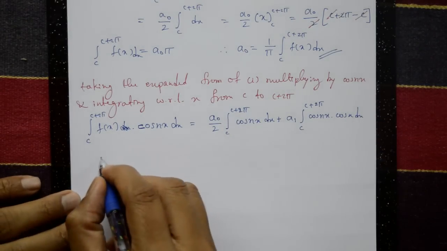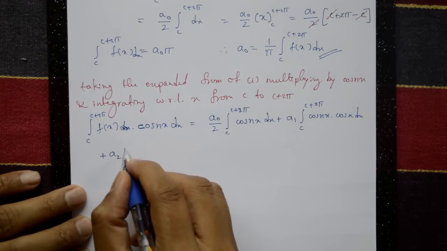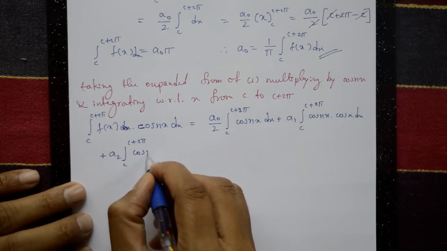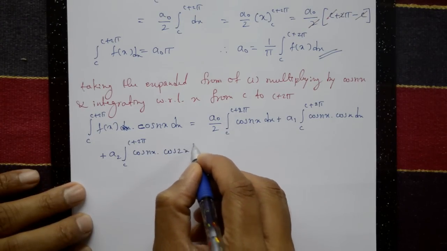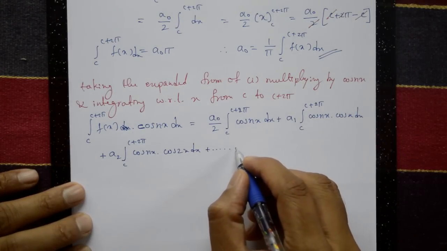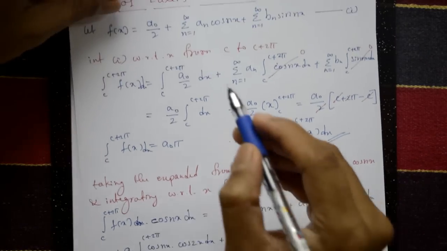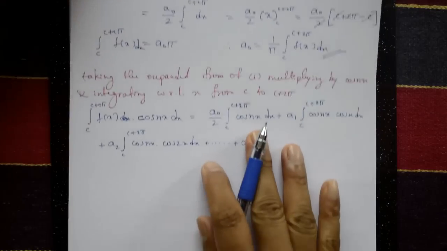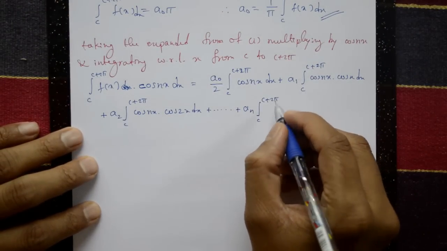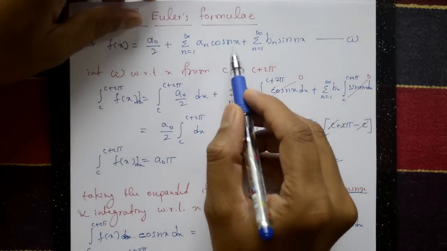Now this series continues, plus a2, only the second term, integration from c to c plus 2 pi of cos nx, and n is equal to 2 means cos 2x with respect to x, plus so on, up to n is equal to n, plus an integration from c to c plus 2 pi, and multiply by cos nx and one more cos nx.